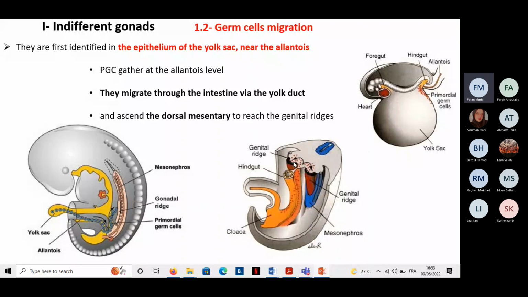They can enter inside of those indifferent gonads. Okay, so they migrate from the yolk sac through the yolk duct to the intestine, and then from the intestine they ascend the mesentery, because they reach the hindgut, the posterior part of the intestine. So they will ascend the mesentery to reach the gonads. Okay.